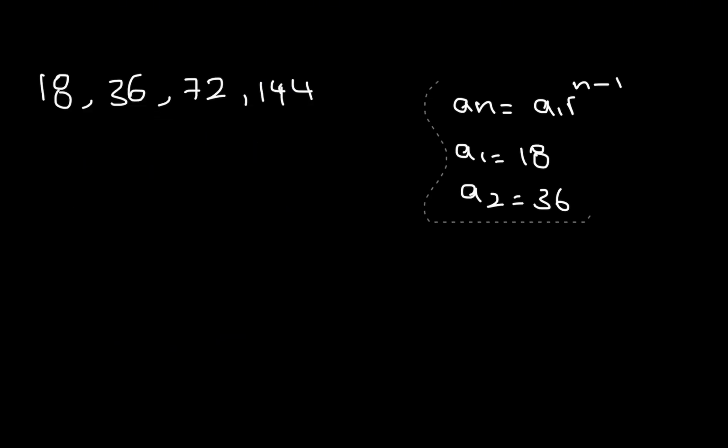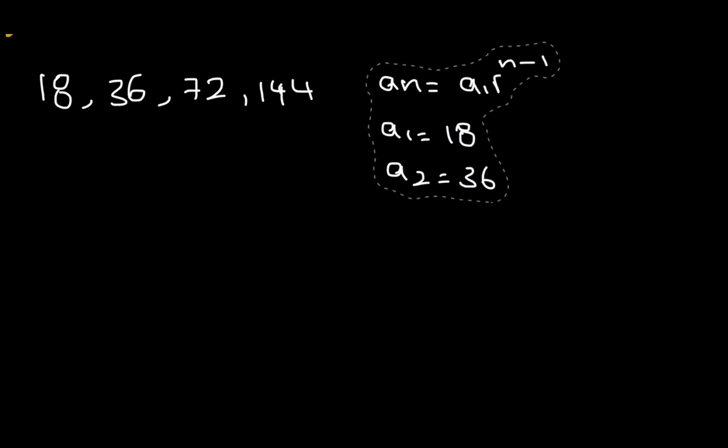Now using this same sequence, we are told to find the sum of the first 15 values. And we have established, for one, that the common ratio is 2, and that this is indeed a geometric one.